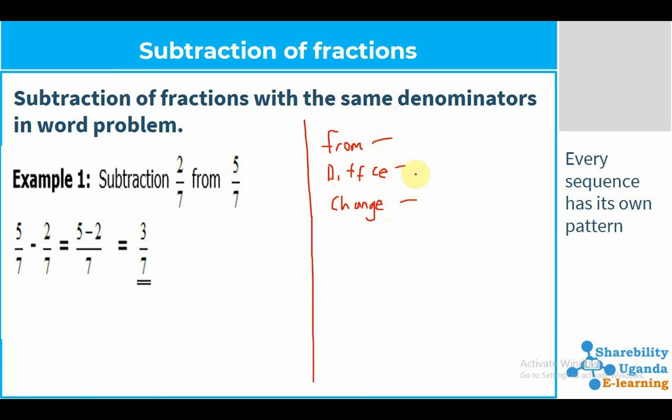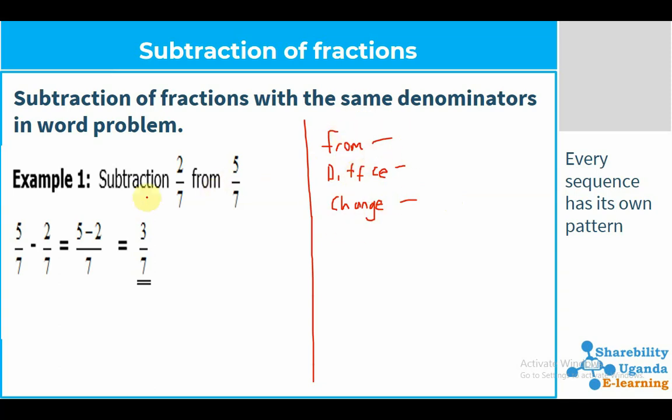They say this from this. What is the difference of this from this? What is the change of this from this? So these words simply mean subtraction.